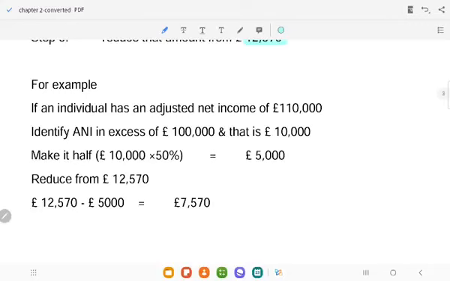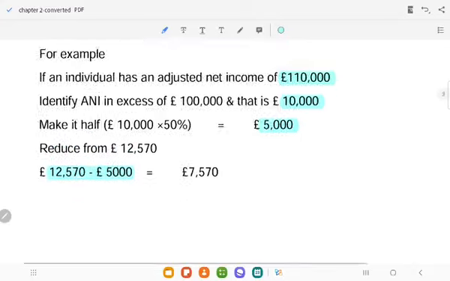For example, if an individual has an adjusted net income of 1,10,000, first we have to identify how much of this is in excess of 1 lakh. This is 10,000. Divided by 2, you will get 5,000, and this 5,000 will be reduced from the personal allowance of 12,570, and hence the adjusted personal allowance would be 7,570.